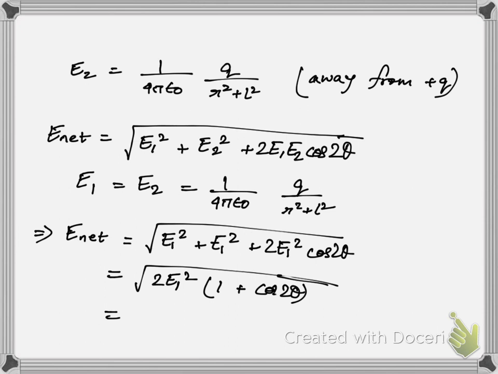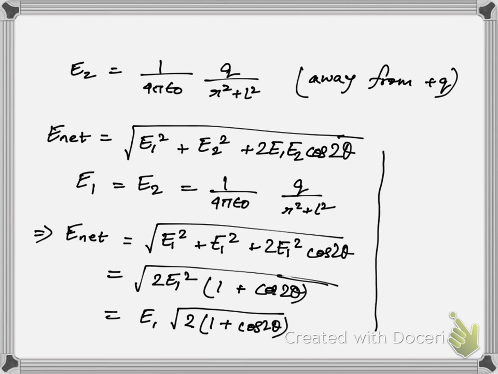Now E1 square, once it comes out of the root, will become E1. So we are left with E1 times root 2 times (1 plus cos 2 theta). Now what exactly is cos 2 theta? Cos 2 theta is cos squared theta minus sin squared theta, and sin squared theta is 1 minus cos squared theta.